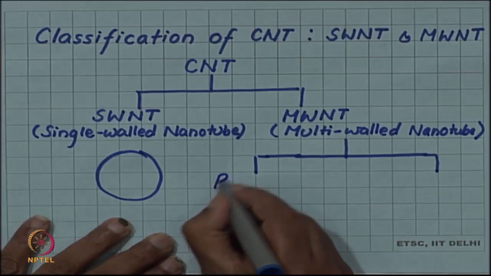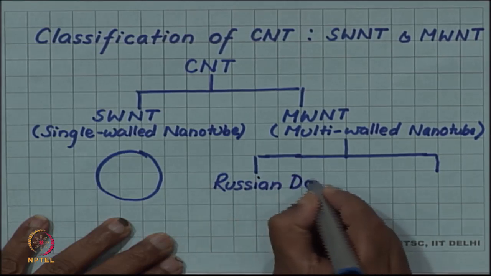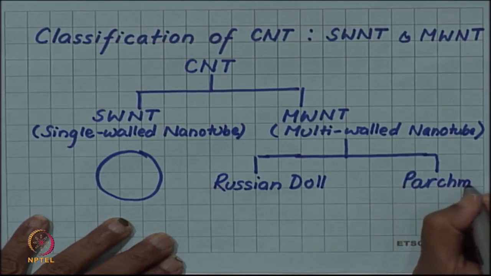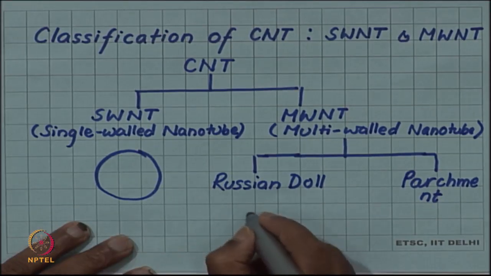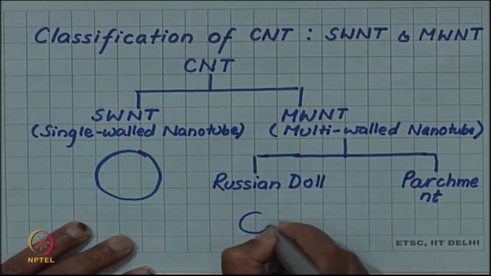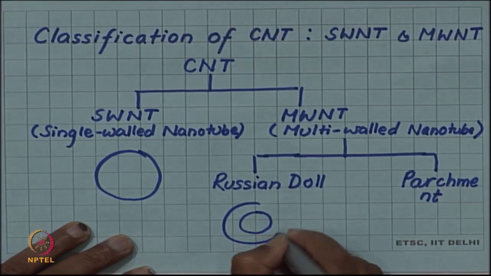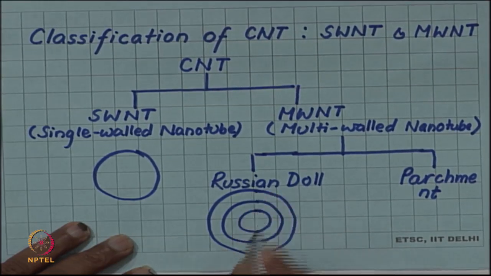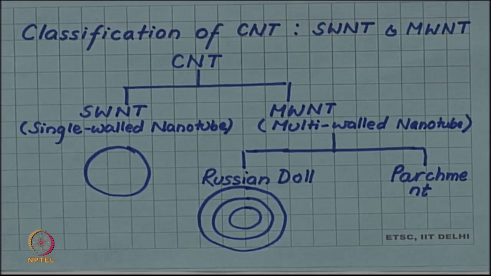One is called, interestingly, the Russian doll structure, and another the parchment structure. In the Russian doll structure, instead of just one graphene sheet rolled into a tube, you have several concentric tubes.